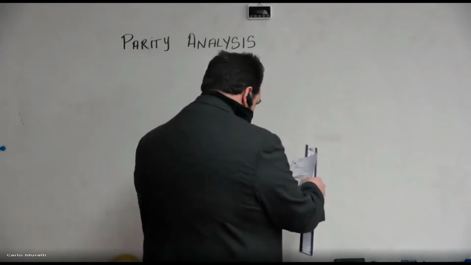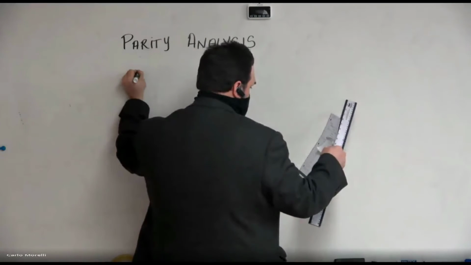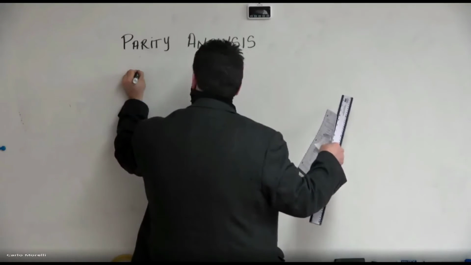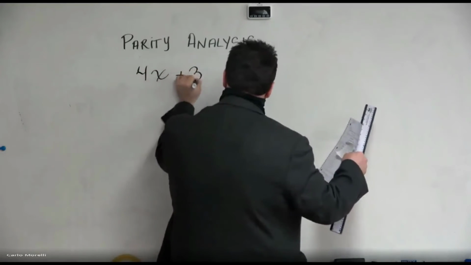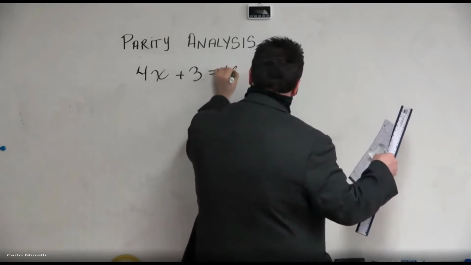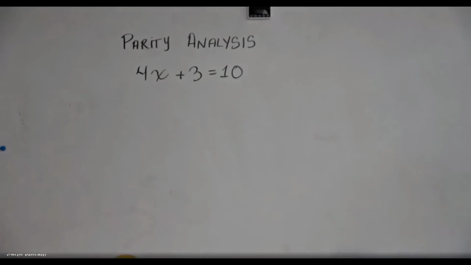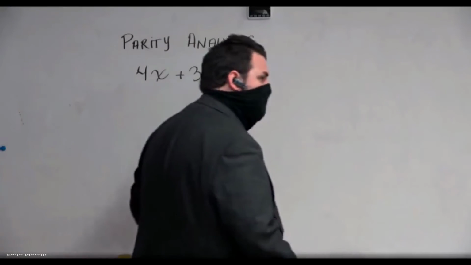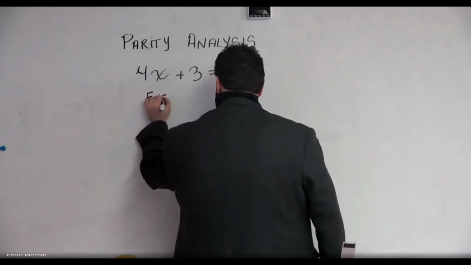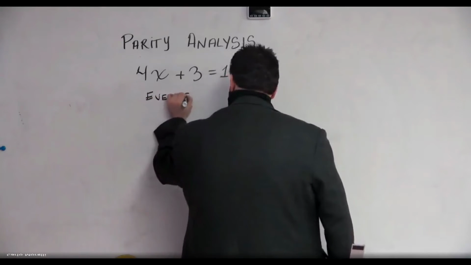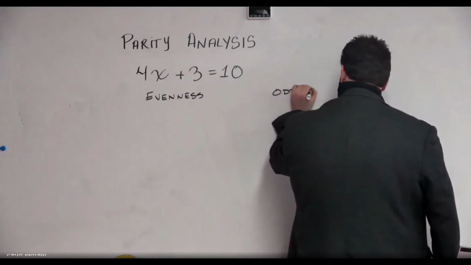Ready? 4x plus 3 equals 10. Do not solve this, okay? We're going to perform both of our tests on this. First, we're going to perform our evenness test. And then over here, we'll perform our oddness test.